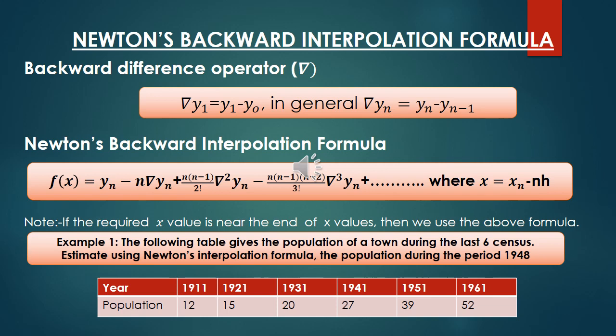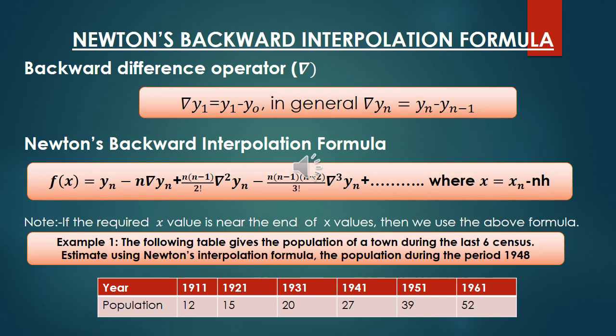The first example, the following table gives the population of a town during the last census. Estimate using Newton's interpolation formula the population during the period 1948. The given data is, first of all, year 1911, 1921, 1931, 1941, 1951, 1961.